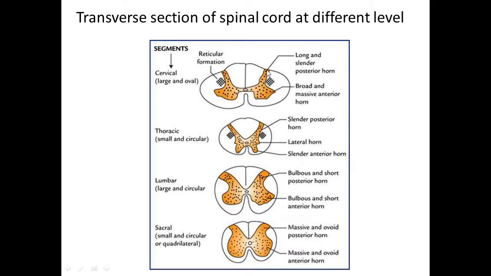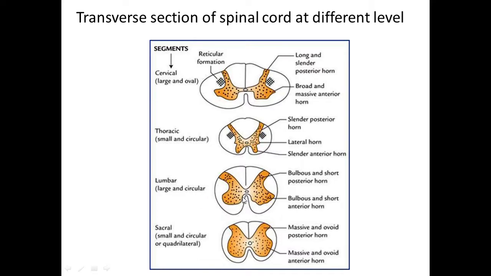At the thoracic level, the cross section is small and circular. The posterior horn is slender, while the anterior horn is also slender, and at the thoracic level we have seen it shows lateral horn.